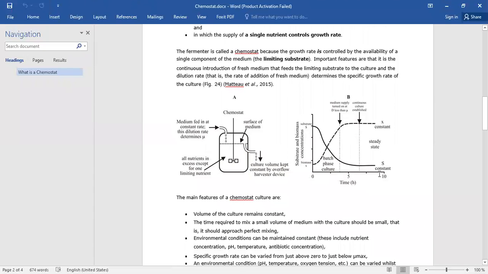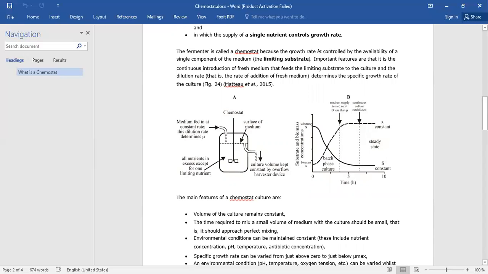This is the diagram of the chemostat, in which a constant condition of substrate is made. We are adding a constant amount of substrate, nutrient media, and microorganisms, so the concentration is constant.